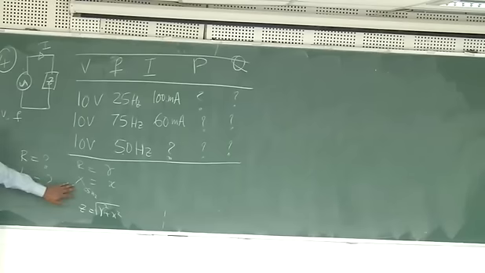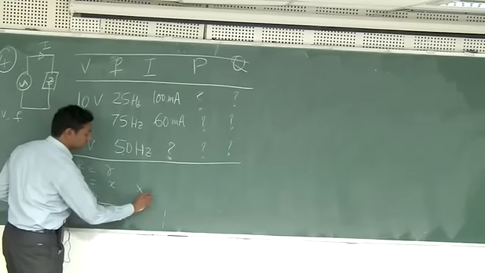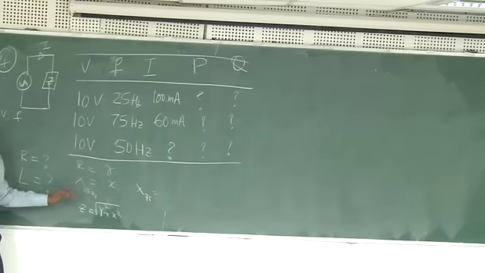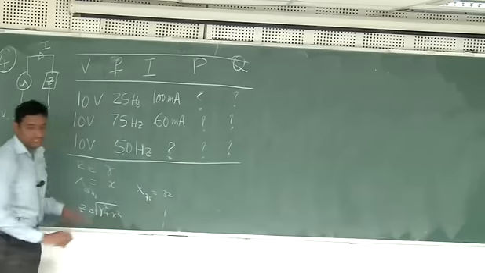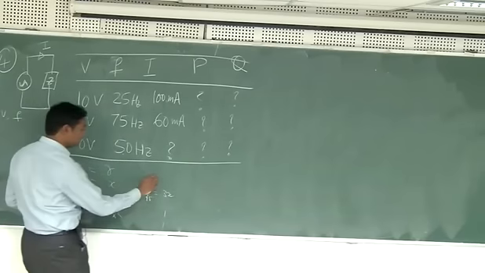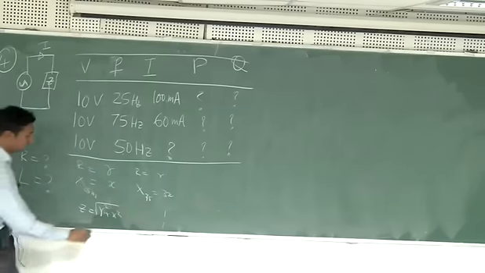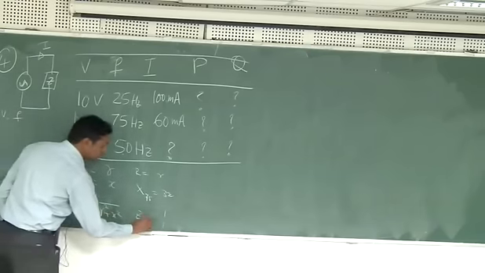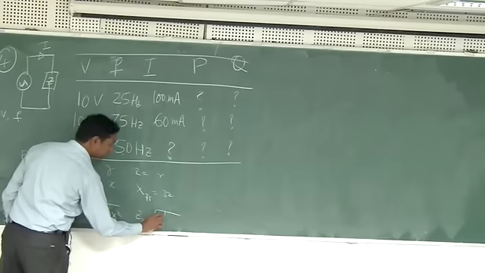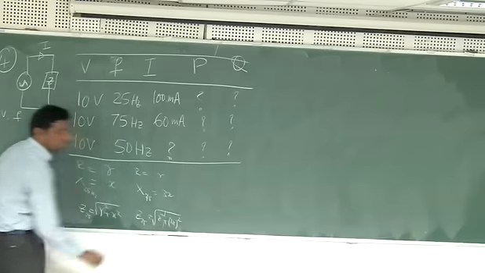Now in the case of 75 hertz, what happens? This X will become 3X. R will be the same, so R will still be R. So in that case, what will be your impedance at 75? This is the impedance at 25. This will be the square root of R square plus 3x whole square, or 9x square.